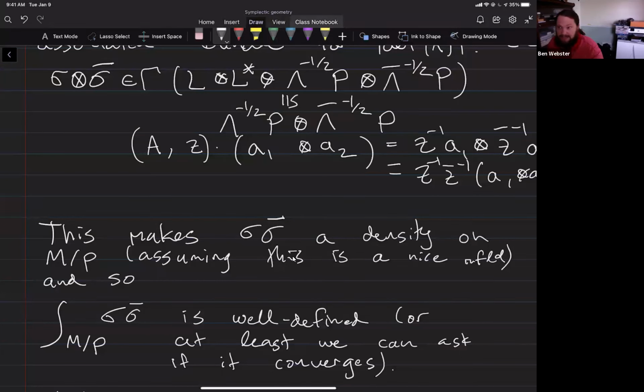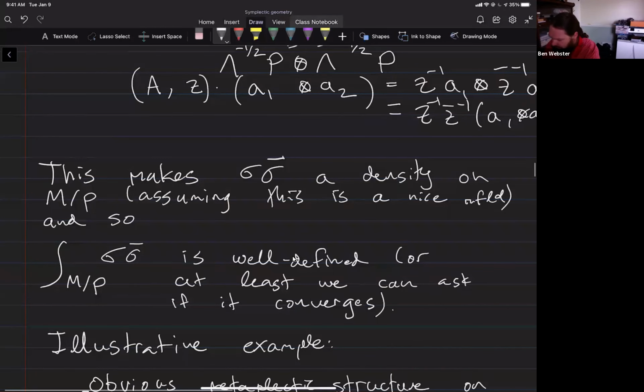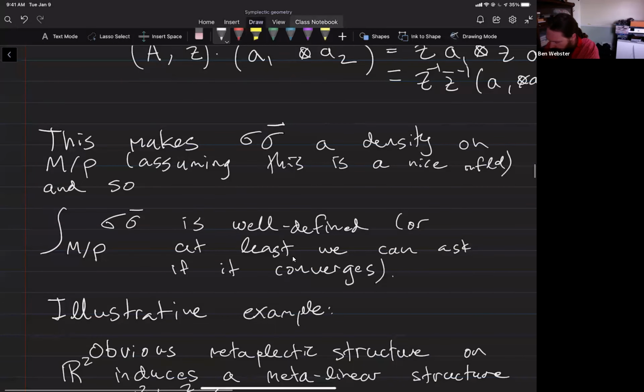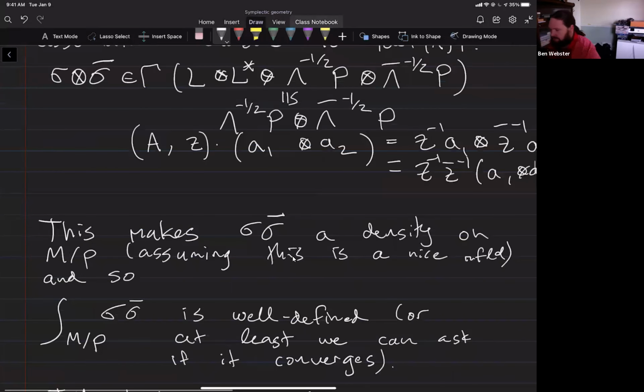So it makes sense to integrate sigma times sigma bar over this leaf space, and I can at least ask whether it converges. If it converges, then I say that sigma is in L2.